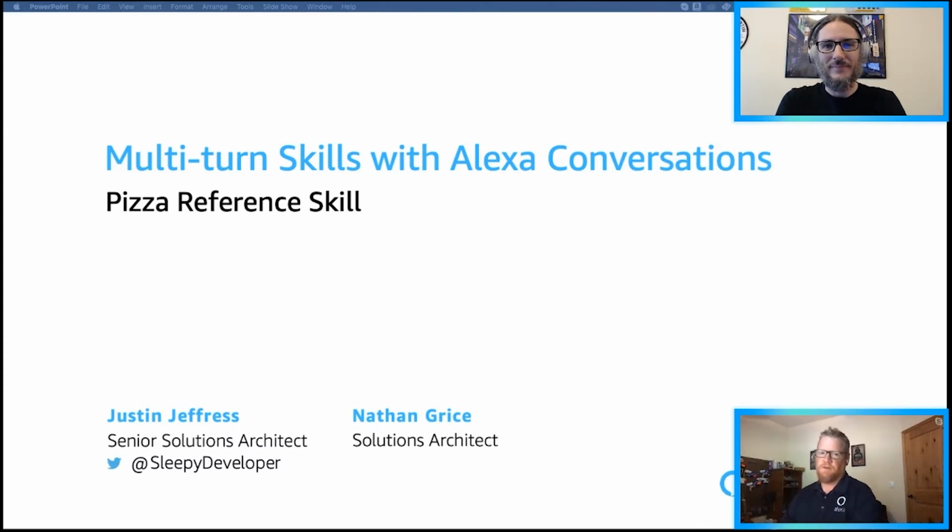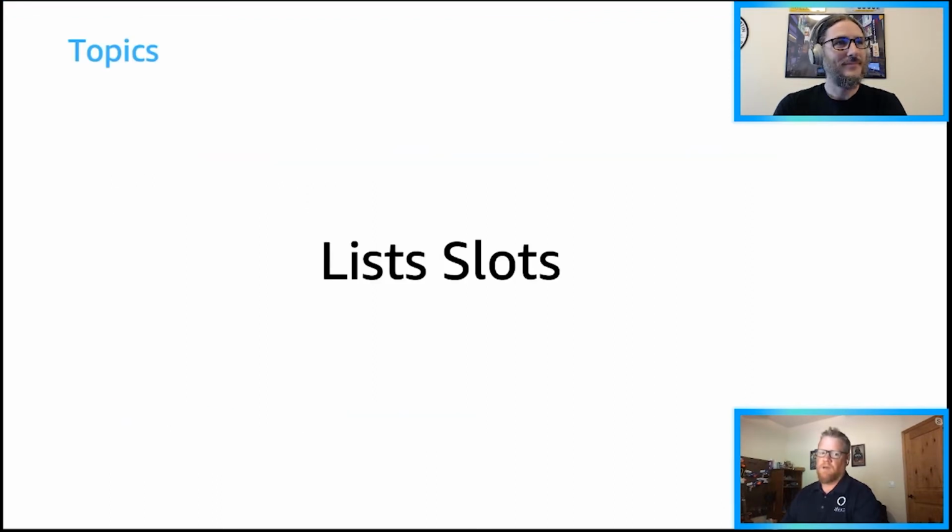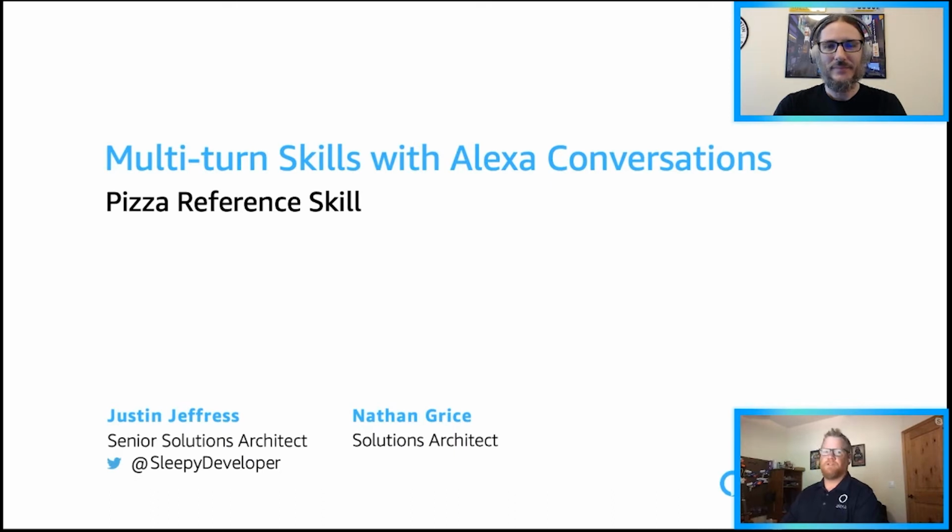So this is going to be real simple. It's not actually a presentation as much as it is just a list of topics we want to cover. First, let me back up and talk about the pizza reference skill and why we decided to tackle this.